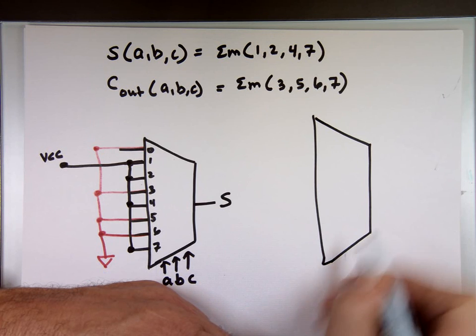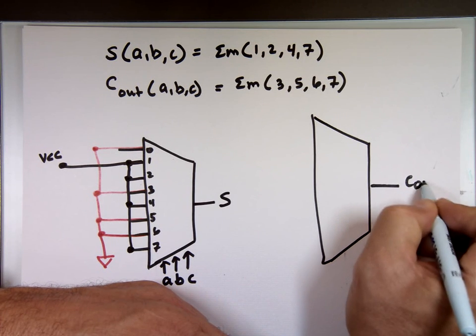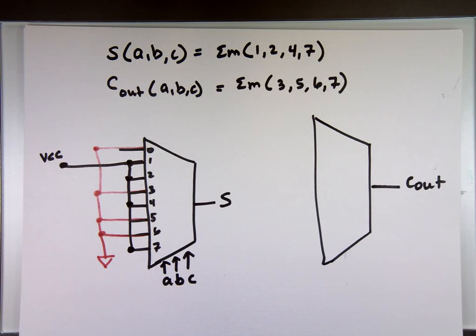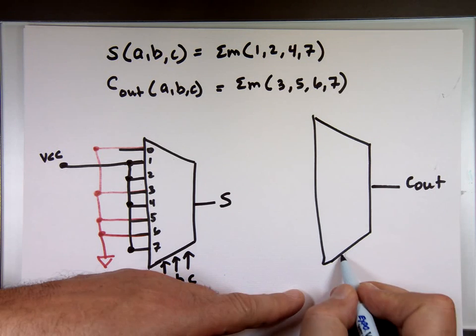And I need 1 now for C out. Remember that 7-segment LED we did last week? This would be a perfect one for it. 1 for each one of them. I need 7 of them. I don't have to simplify anything.